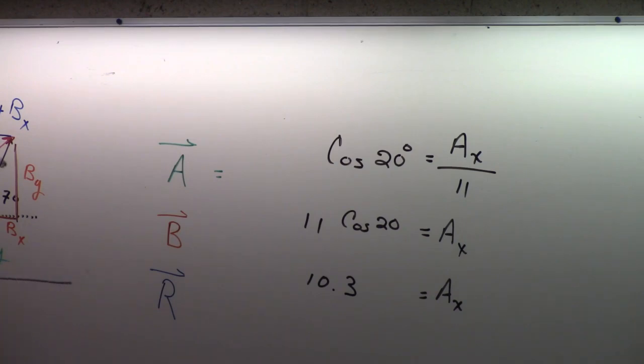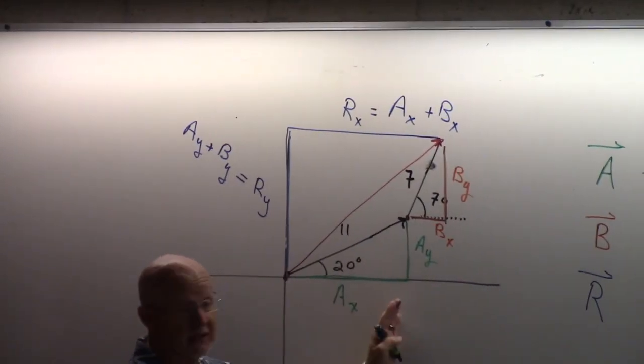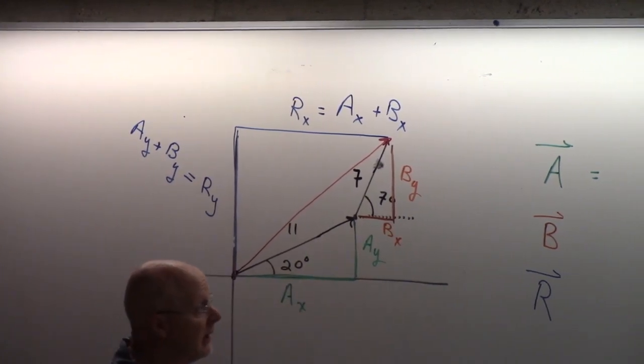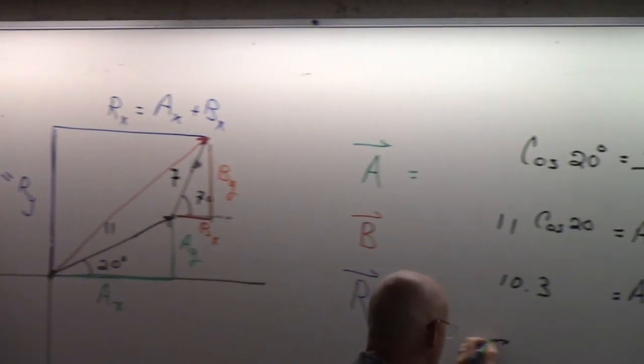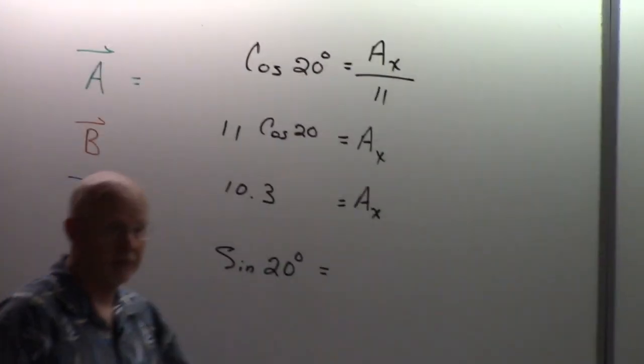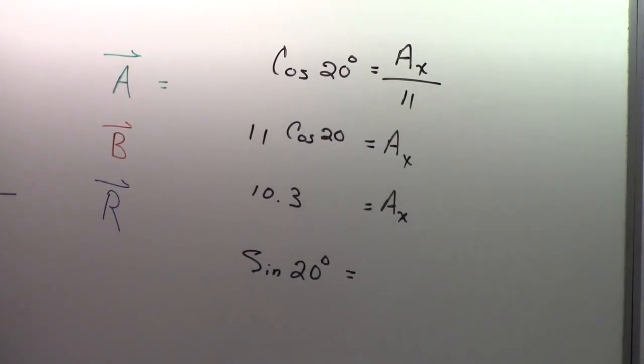So conceptually, I'm saying that this little hike of 11 is equivalent of going across 10.3 and then up a little bit. And let me find the up a little bit, because I can do that with the sine function. Right? The sine of 20 degrees, so sine means opposite, so that's AY over 11.